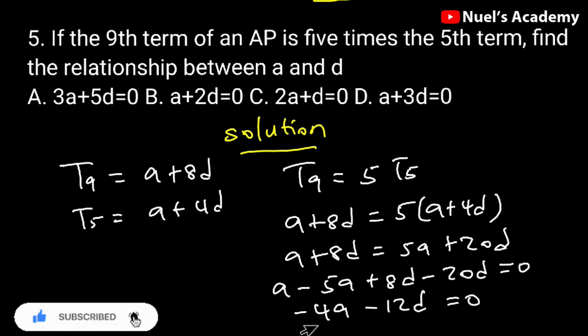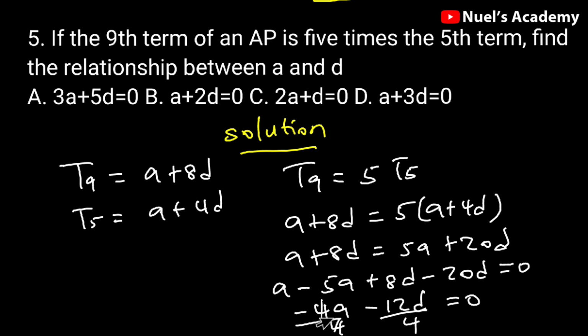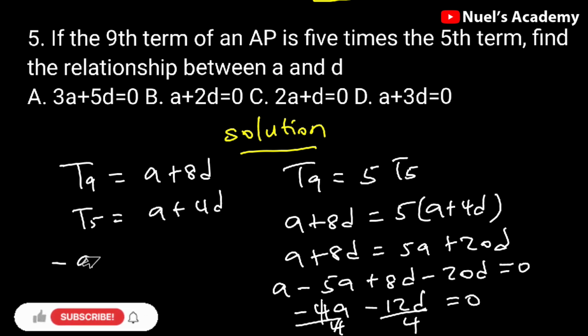So we can divide both sides by 4, right? So that this and this will cancel, and we'll be left with minus a minus 12 divided by 4, which is 3d, equal to 0.